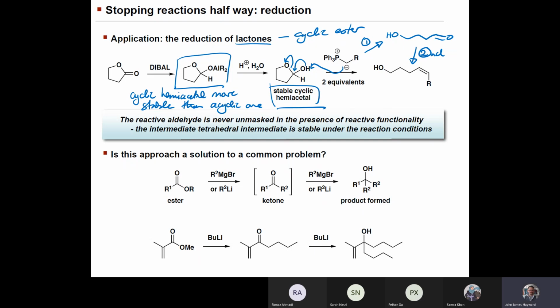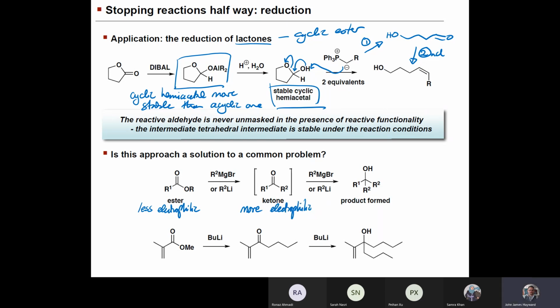No. So if you take an ester, for example, and you react it with methyl magnesium bromide, you get a ketone. Okay, the acetal is not anywhere near stable enough, and it breaks down. And the problem is that an ester is less electrophilic, and a ketone is more electrophilic.